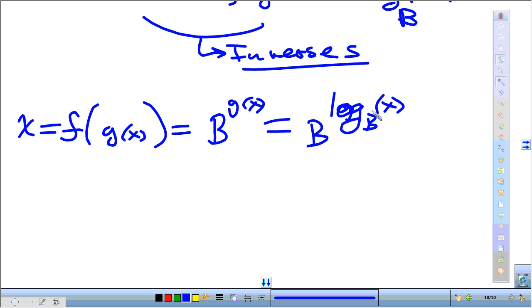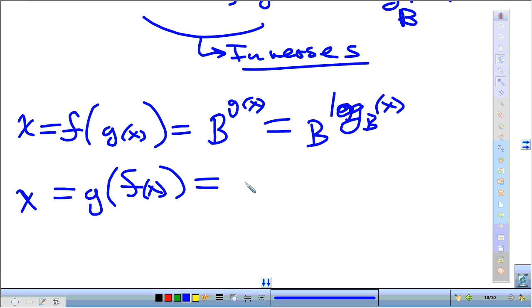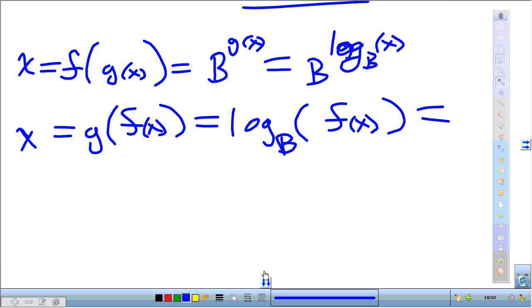So that combination always gives me x. We also get that x would be g of f of x, which would be log base b of f of x. But f of x is b to the x.